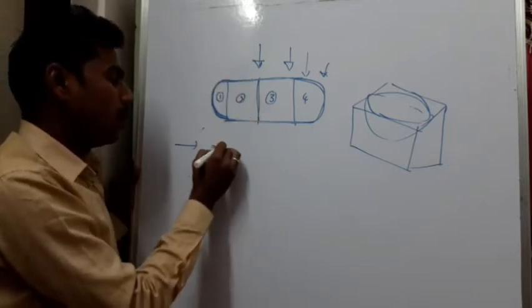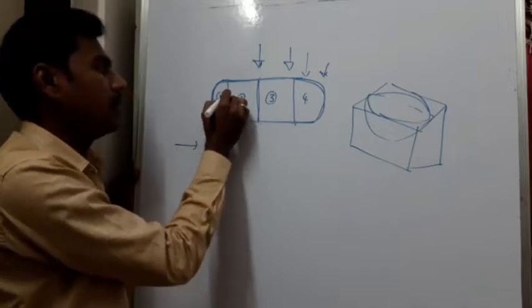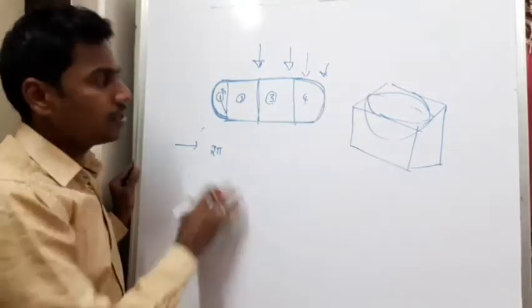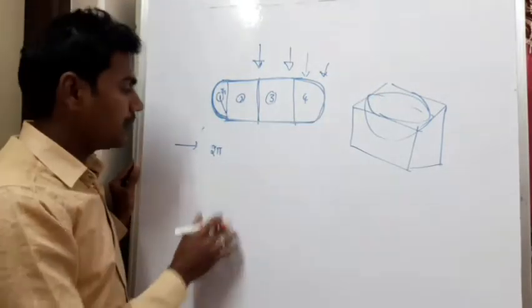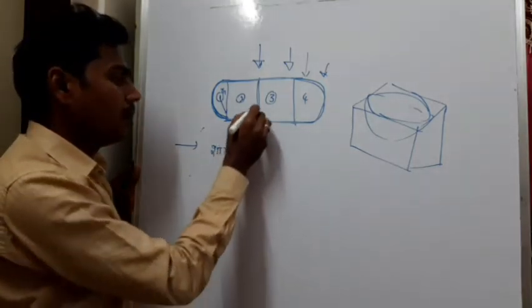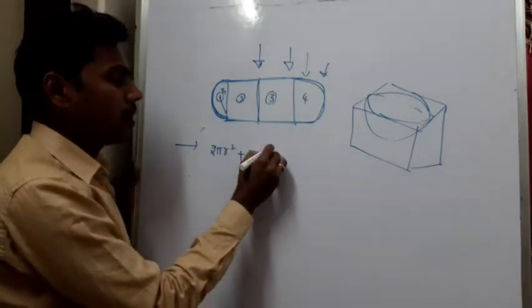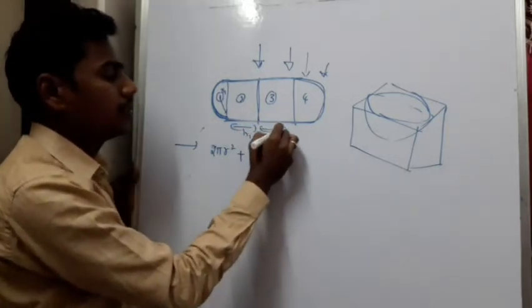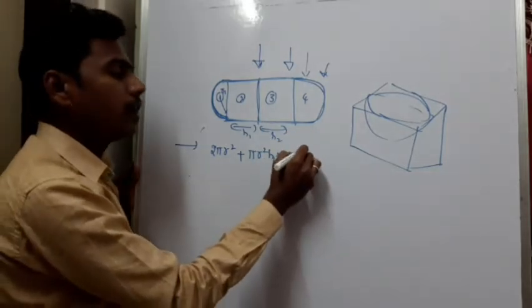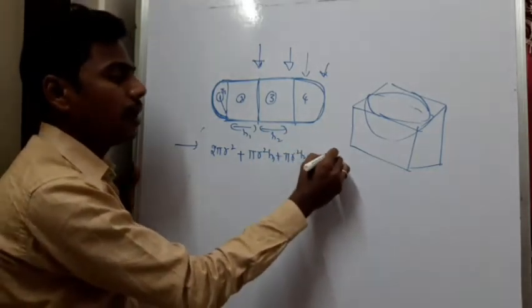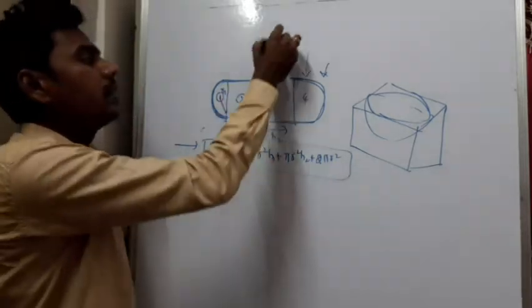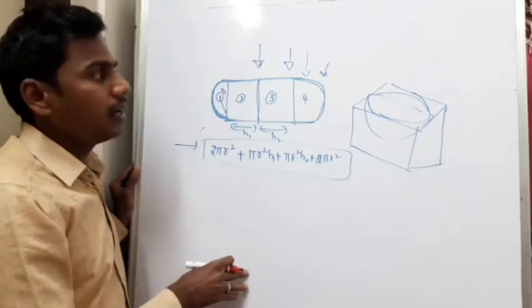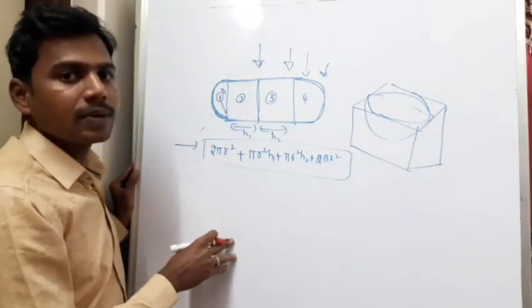So it is 2 pi r1. Suppose the diameter is same across all the 4 segments, means 2 pi r square plus pi r square h1, if it is h1, if it is h2, then pi r square h2 plus 2 pi r square will give me the total surface area of this particular container. So how are you going to calculate the total surface area in case of exercise 13.1?